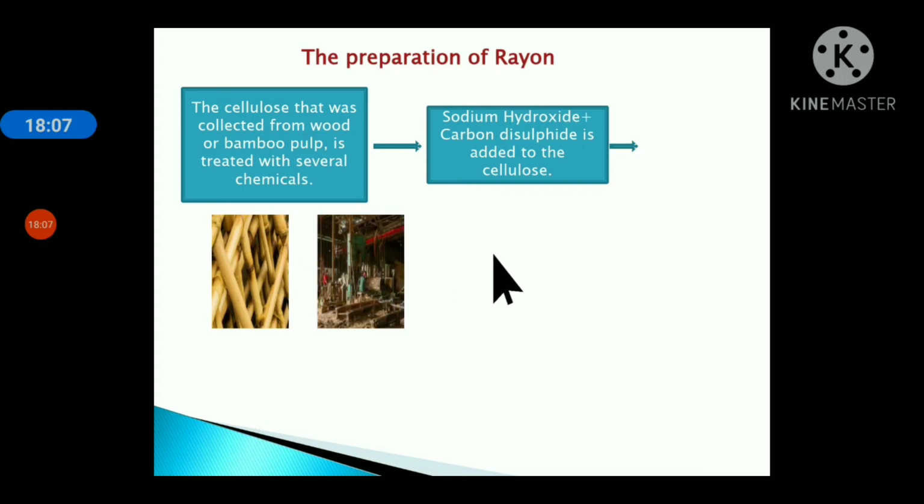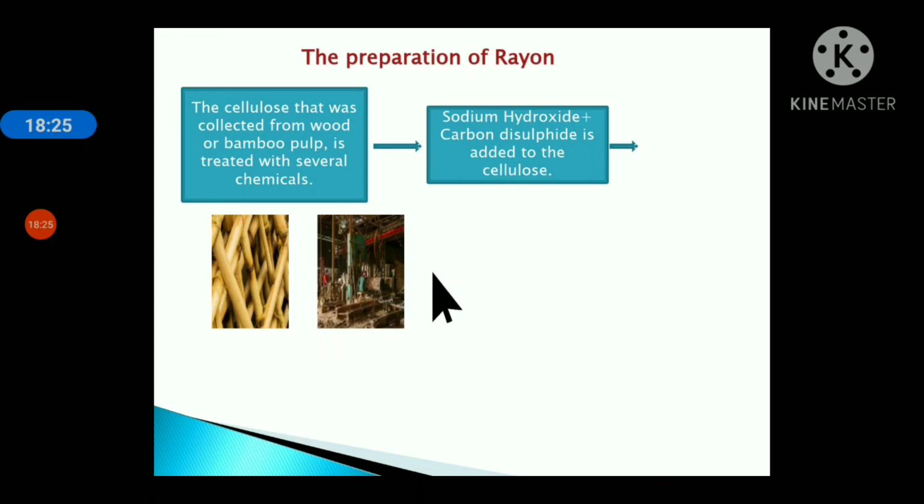Here it is cut into small pieces and made into a pulp, bamboo pulp, and this pulp is treated with sodium hydroxide and carbon disulfide is added to this cellulose. This is also called cellulose pulp.